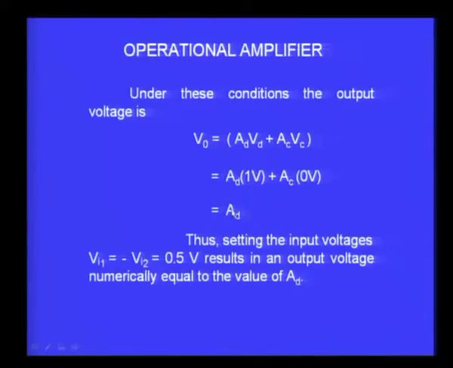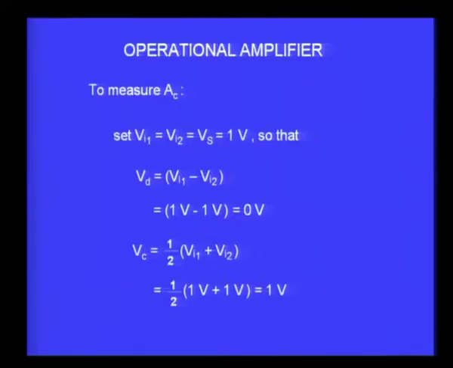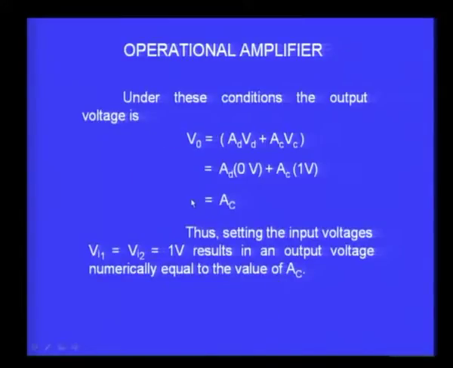Similarly, if I want to measure the AC, then I set VI1 equal to VI2 equal to 1 volt. Then VD is equal to VI1 minus VI2, 1 volt minus 1 volt gives me 0, therefore there is no VD, and VC is half of VI1 plus VI2, which is equal to 1 volt. For the output voltage, AD into 0, because now VD is 0, plus AC into 1 volt, therefore it is AC.